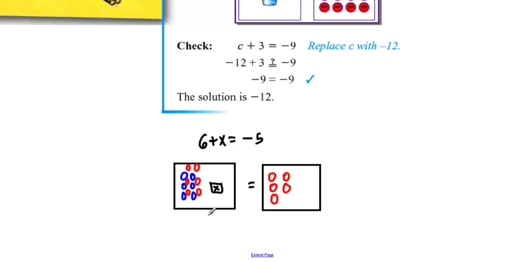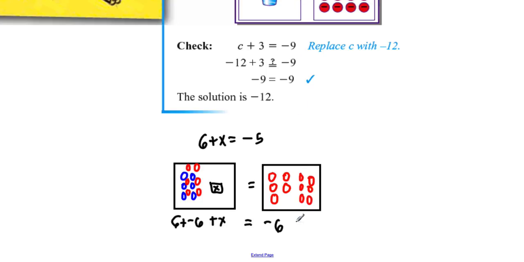Okay, and again, whatever we do to one side of the equation, we need to do to the other side. So what we did here is that we have now 6 plus negative 6 plus x is equal to negative 6. Remember, we added negative 6 here, so we add negative 6 counters again. 2, 3, 4, 5, 6.